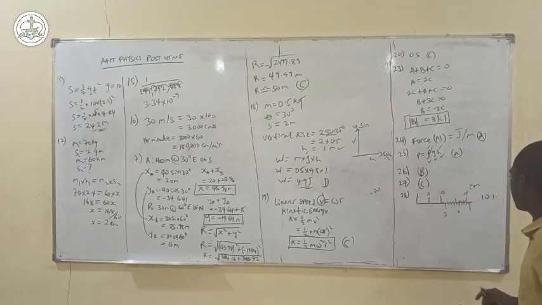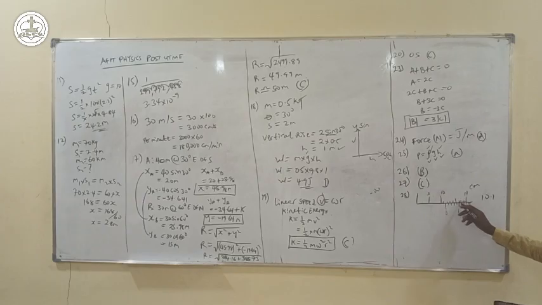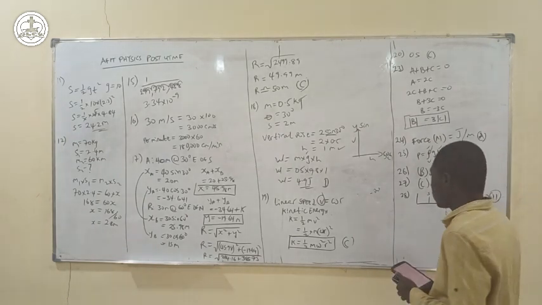Let's make this 0 and 1. You see it enters in this place. So this is 10.1, 1 what? 0.01, so 10.11. You get what I'm saying?